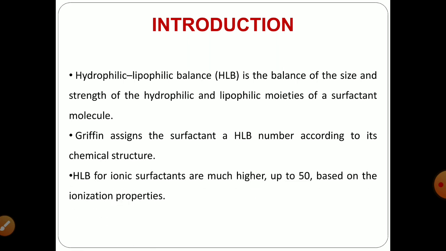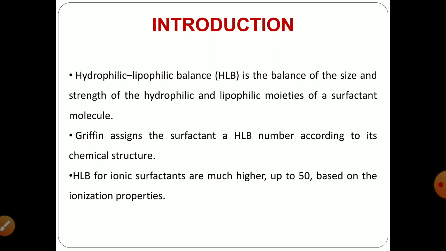This HLB for the respective materials depends on whether your material is ionic or non-ionic. It was originally applied to non-ionic surfactants, and its use has now been extended toward ionic surfactants.